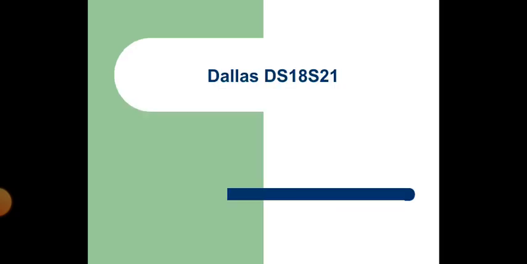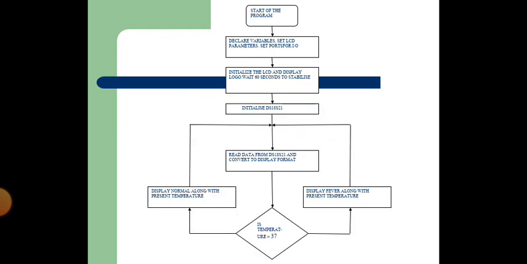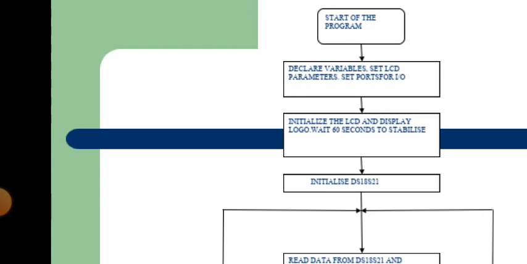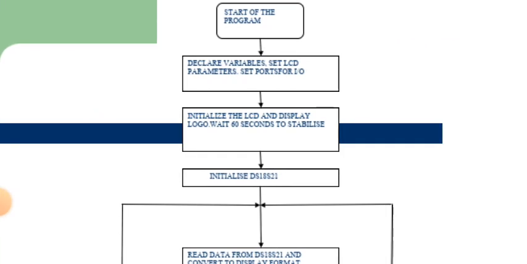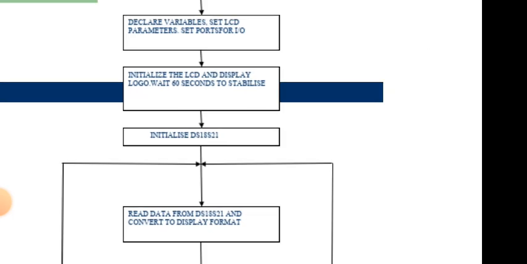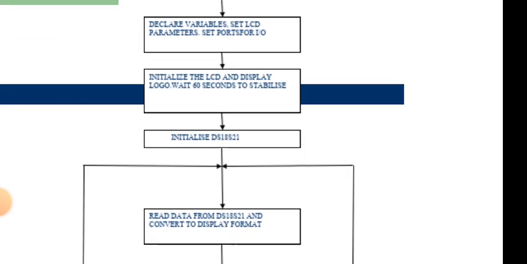According to the flowchart diagram that we had back here, it should be able to start the program, then declare variables, set LCD parameters, set ports for input and output, then initialize the LCD and display the logo, maybe wait for 60 seconds or something, then initialize this microcontroller called DS18S21 by now, which I think you understand.